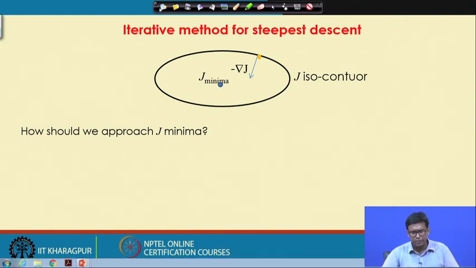The question is: I have started from an arbitrary point, I am going along minus grad j, and I have to come to j minima. How should we reach that?